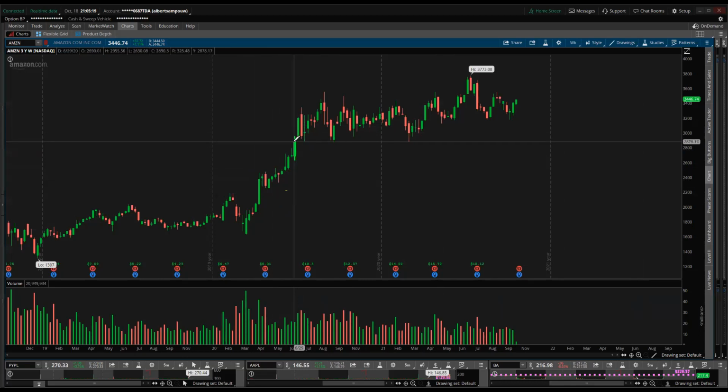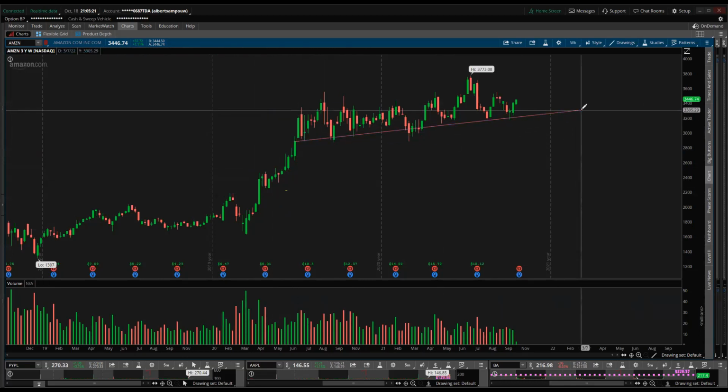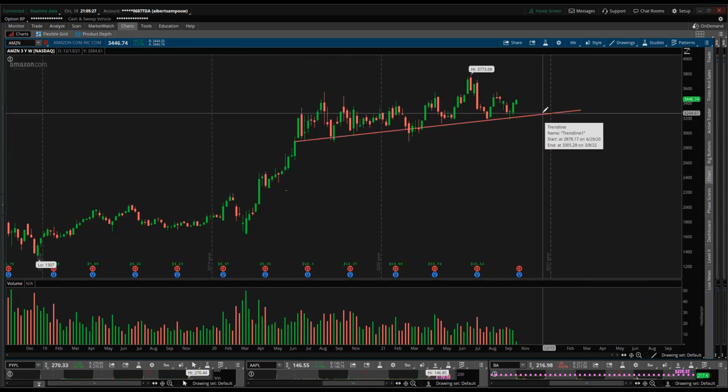This is what's called a trend line. Now, how many of you already make support and resistance levels on your chart and you use this trend line tool to do that?